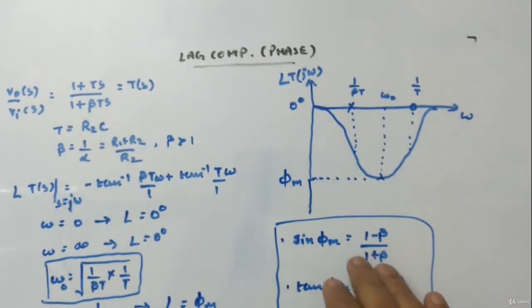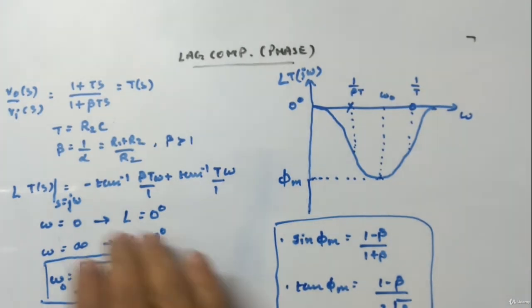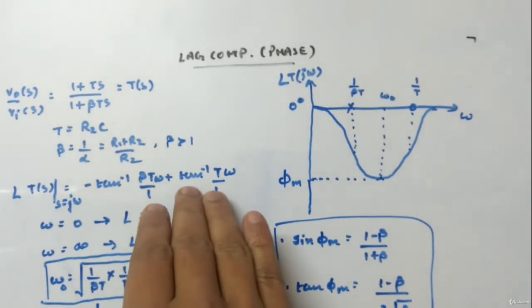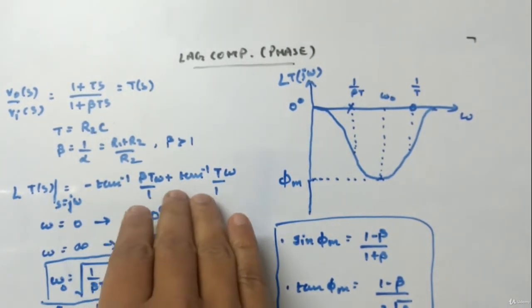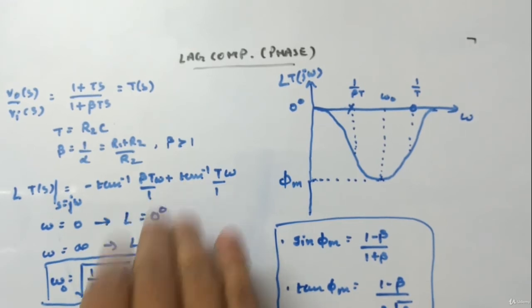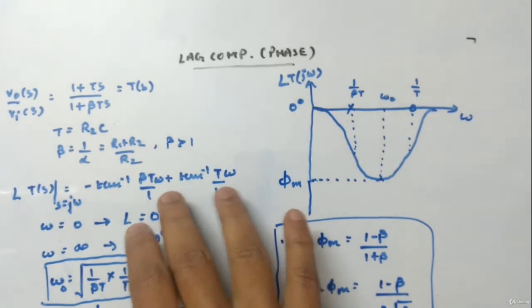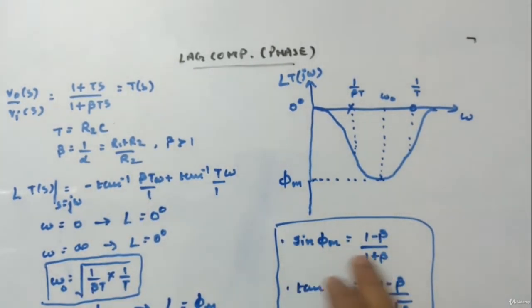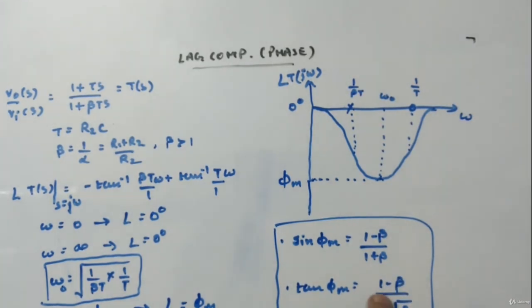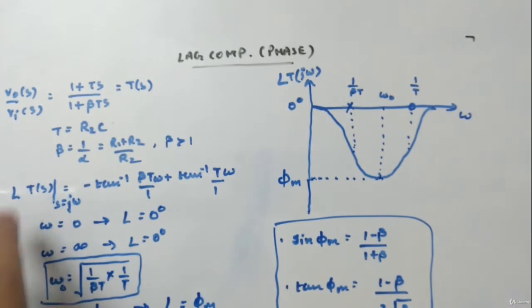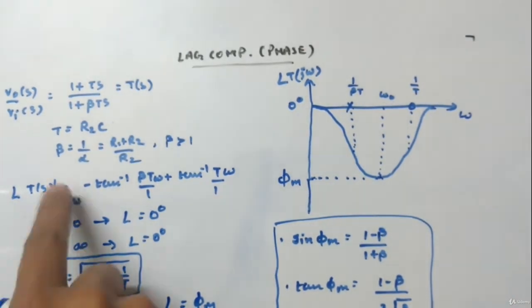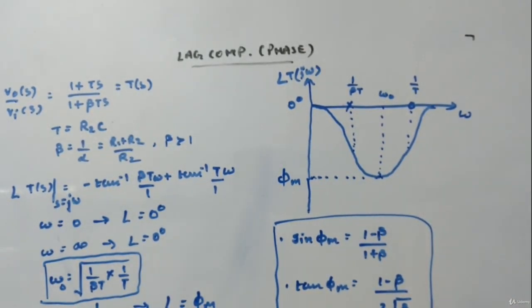How this came: differentiating the phase equation with respect to omega and equating it to 0, you get omega naught, and if you put omega naught back, you get sin phi m equal to 1 minus beta divided by 1 plus beta, or 1 minus beta divided by 2 under root beta. That's how you get it.